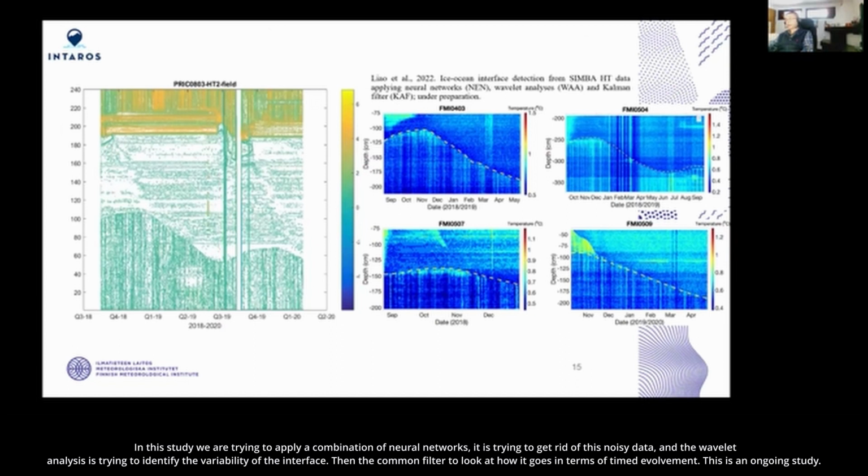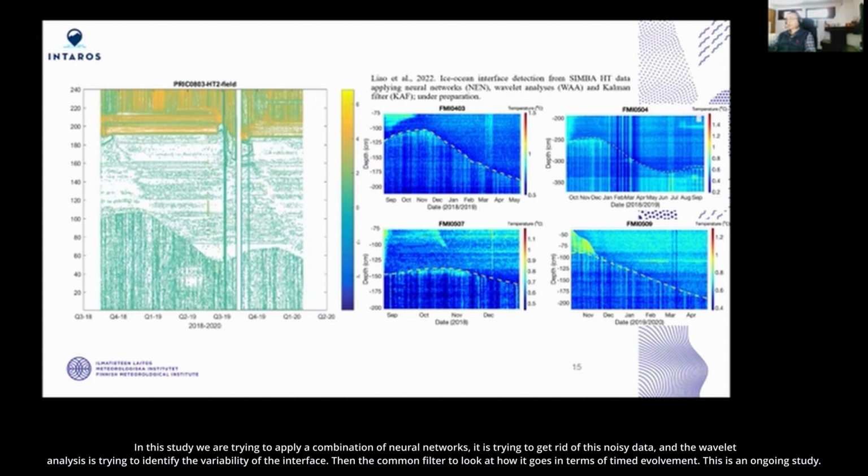So in this study, we are trying to apply a combination of, for instance, a neural network to get rid of the noisy data, wavelet analysis to identify the variability of the interface, and then the Kalman filter to look at how it goes in terms of time evolution.